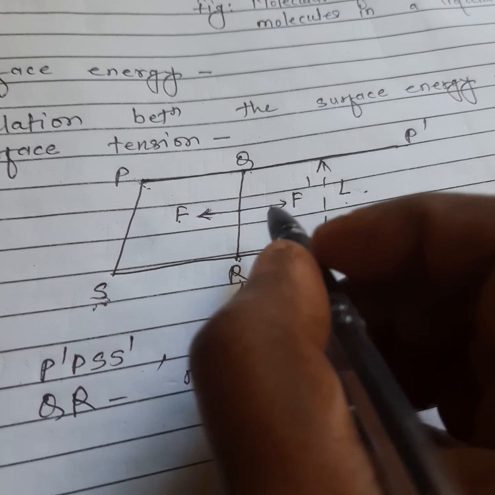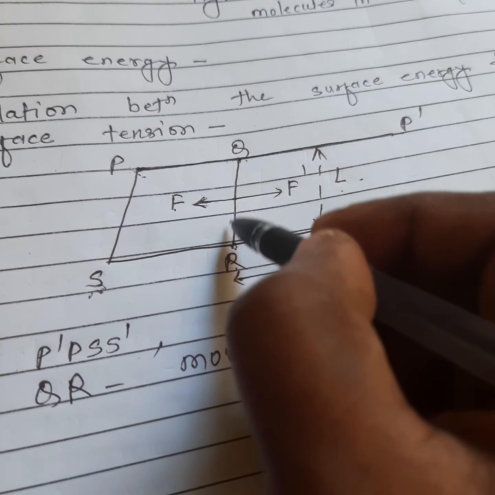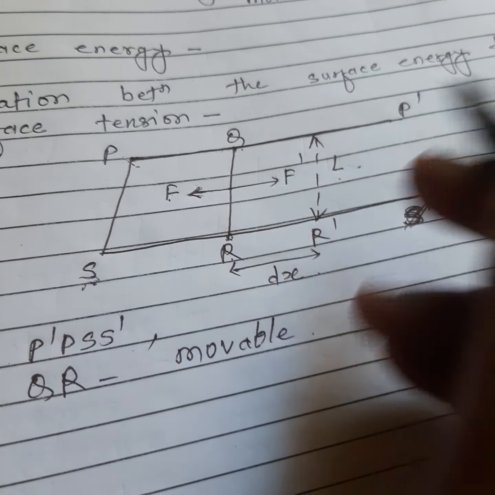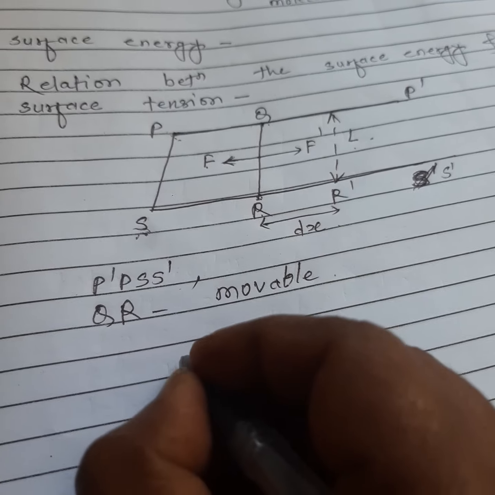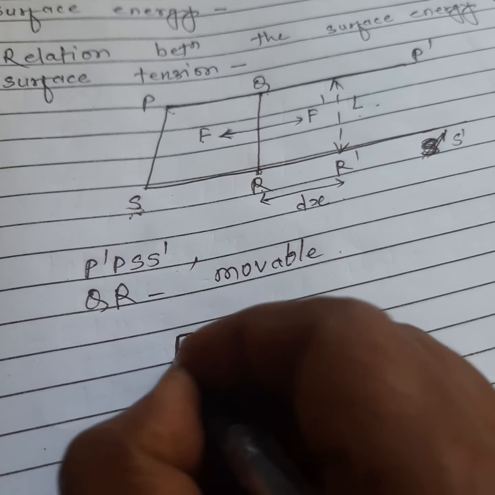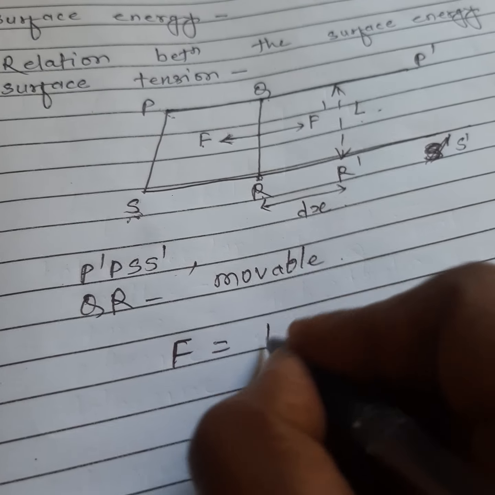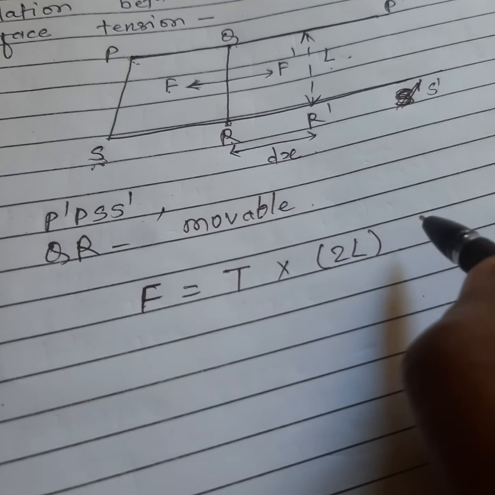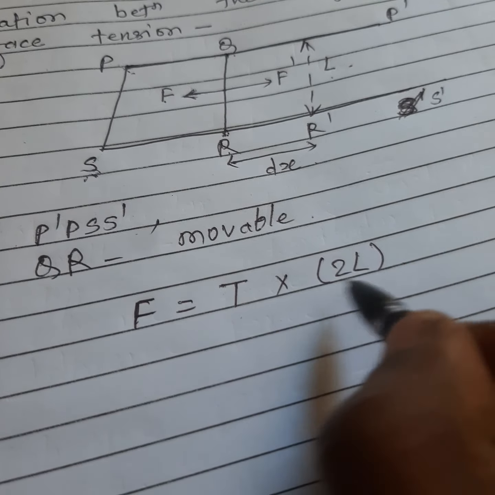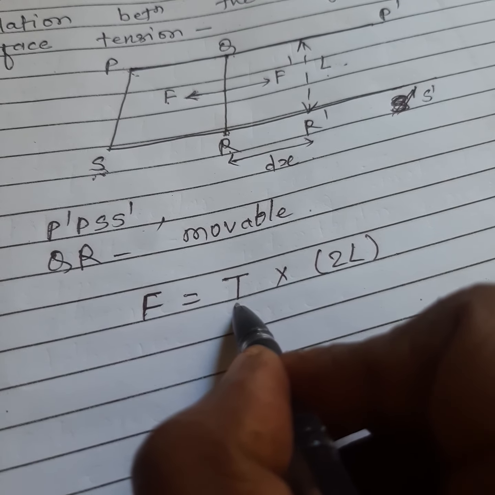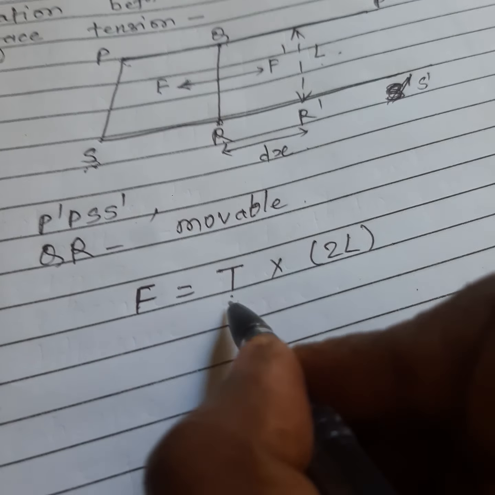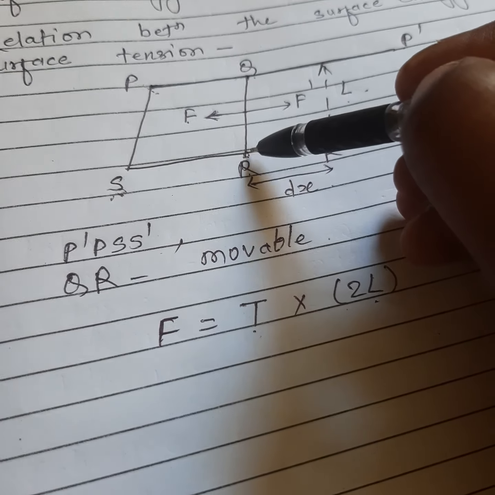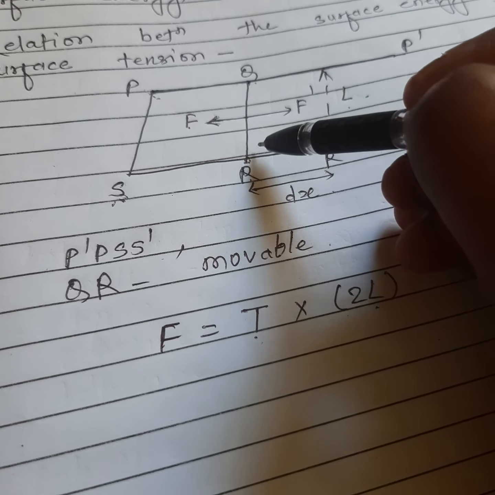Suppose the force exerting on arm QR is given mathematically by F is equal to capital T into length of surface film. Capital T means surface tension of soap liquid and 2L be the length of this arm QR.